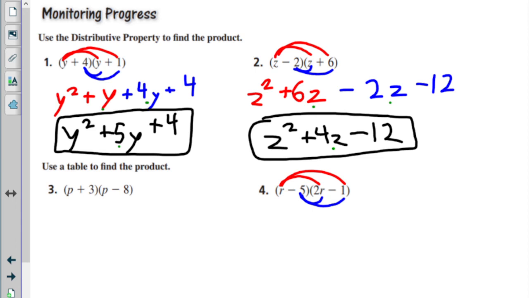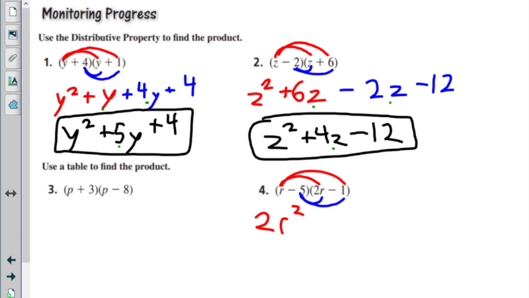I'm going to start with the numbers. What number is out in front of here? It's a 1, right? If there's no number out in front of the variable, it's a 1. So number-wise, I'm multiplying 1 times 2, and 1 times 2 is 2. Variable-wise, I'm multiplying r times r, and r times r we know is r squared.